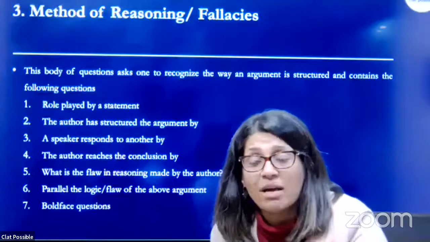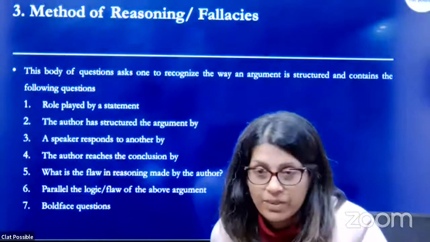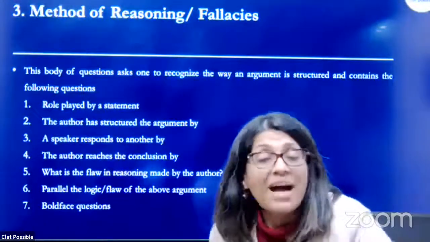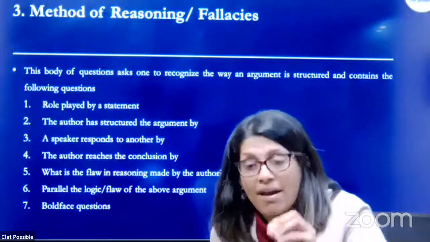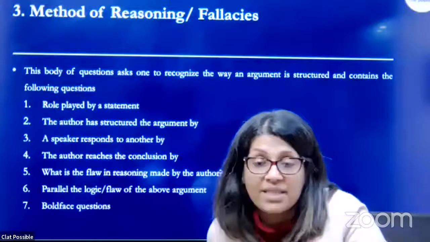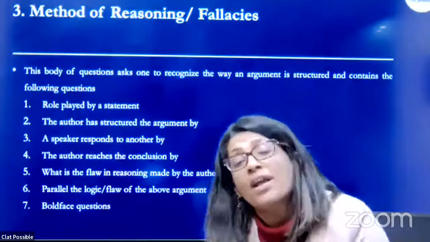If you just visualize assumption as something which we are deducing from reading what is given, it's just like inference. Imagine it like a subset of inference. It is a missing premise, and inference is nothing but the missing conclusion. Or even if the conclusion is not missing, inference just gives you another conclusion.